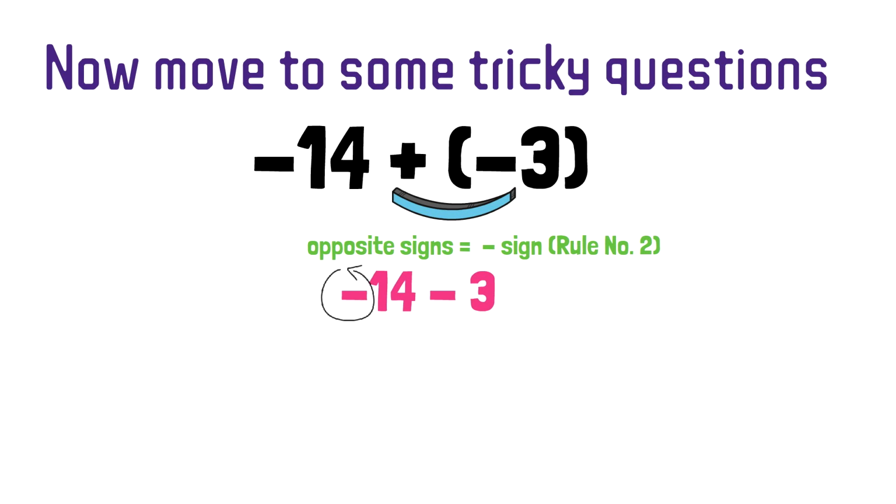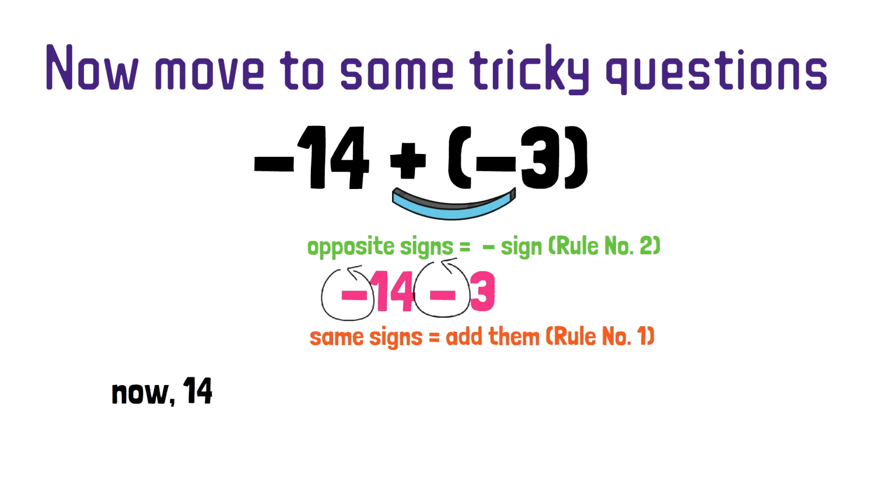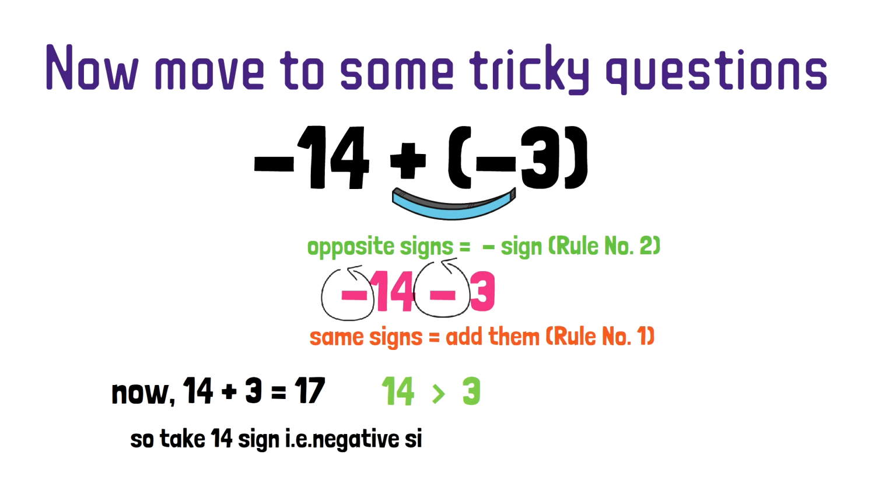Now, these are the same sign. Yes, same sign. So, add them. 14 plus 3 is 17. Now check for the greater value. As without sign 14 is greater than 3, what we are going to do is take 14's sign, that is negative sign, and put that before the answer. So the answer is minus 17.